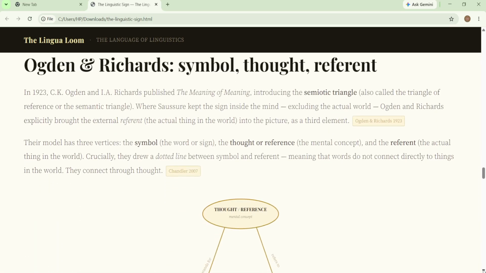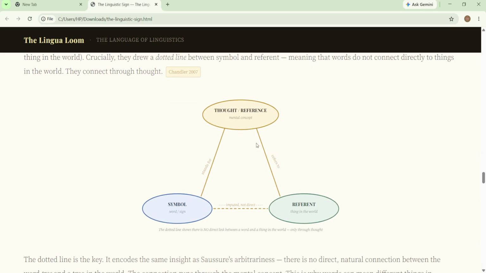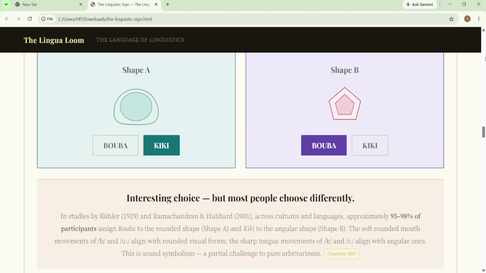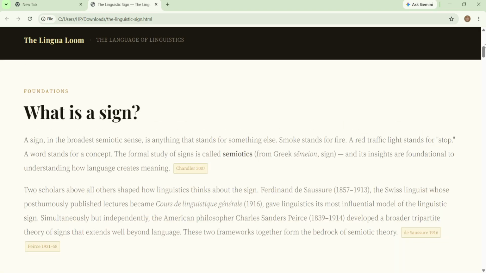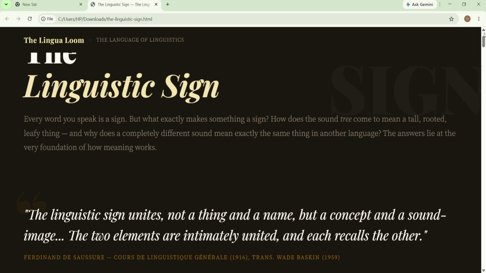Then there is Ogden's model, which consists of thought, symbol, which stands for thought, and reference, which refers to the referent. So here there is no direct relationship between symbol and referent. So these are the linguistic sign models for today.